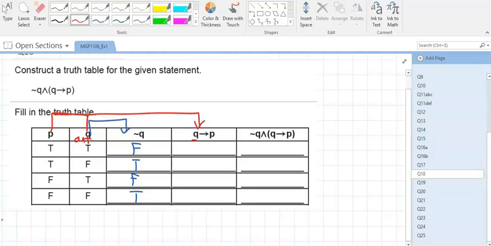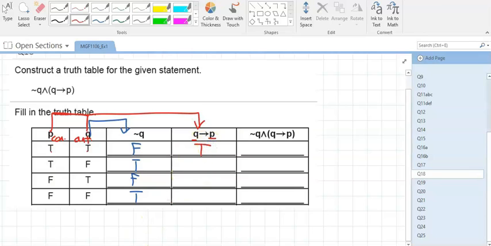Then that means the P is the consequent, because it comes after the arrow. The antecedent is before the arrow. The consequent is after the arrow. So when I look at this, I'm going to be looking at it from the antecedent column to the consequent column. So I go from true to true. What kind of answer is that?